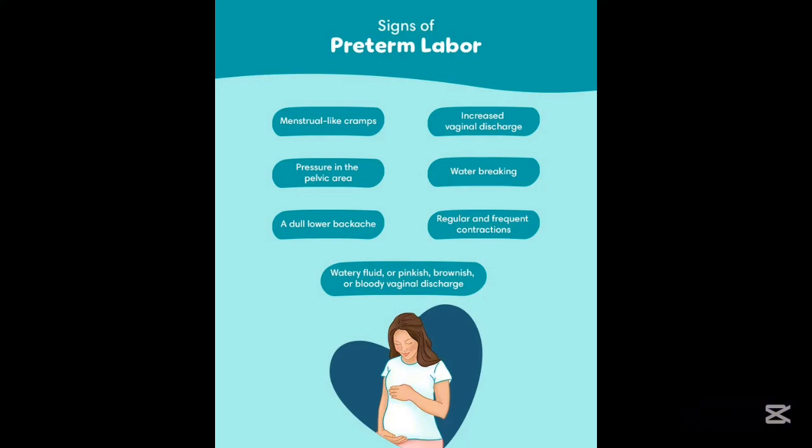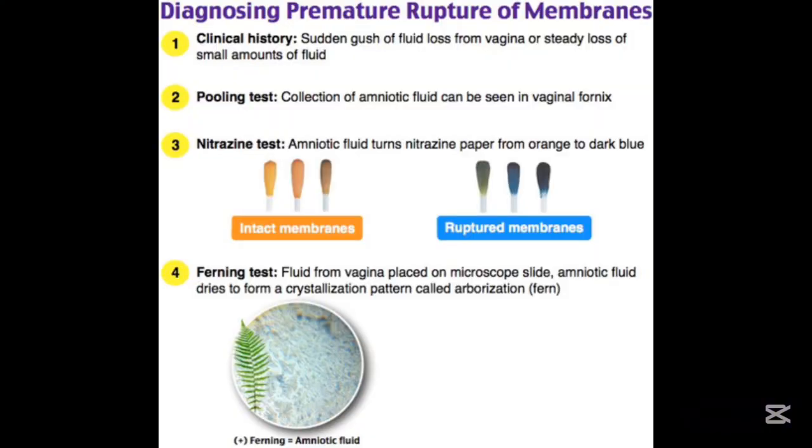So what are the investigations? The first investigation you can do is a speculum examination to confirm fluid leakage and check for infection, mostly discharge or odor. You can do a nitrazine paper test, which will detect alkaline amniotic fluid where the paper will turn blue. You can do the fern test where the amniotic fluid dries in a fern-like pattern under the microscope.